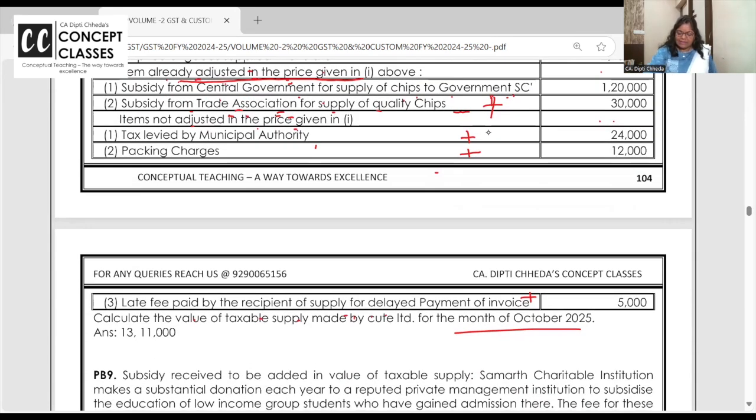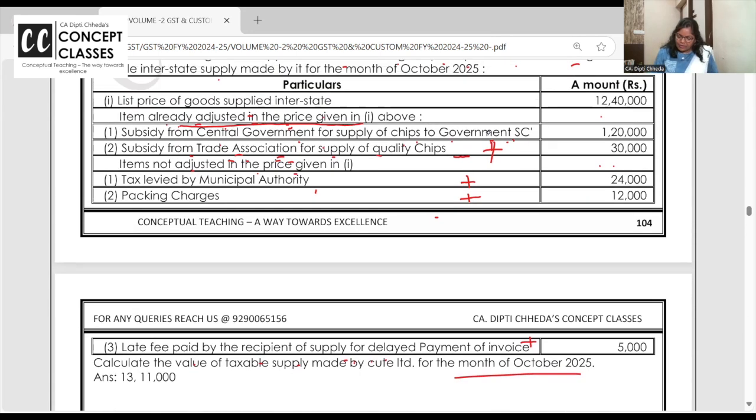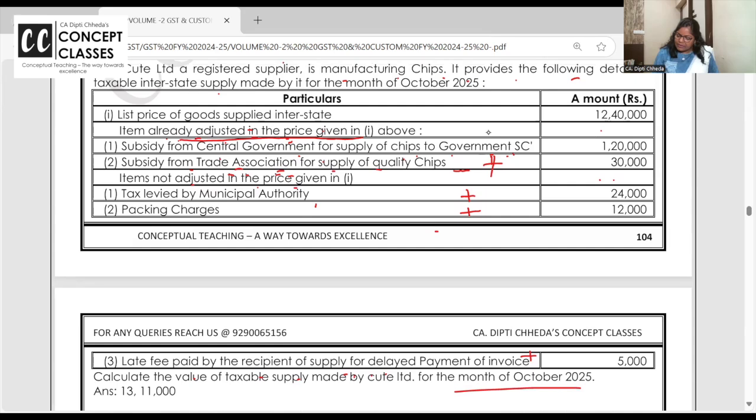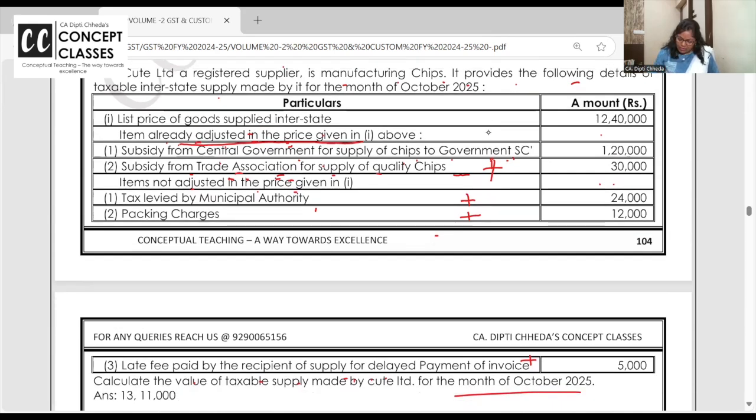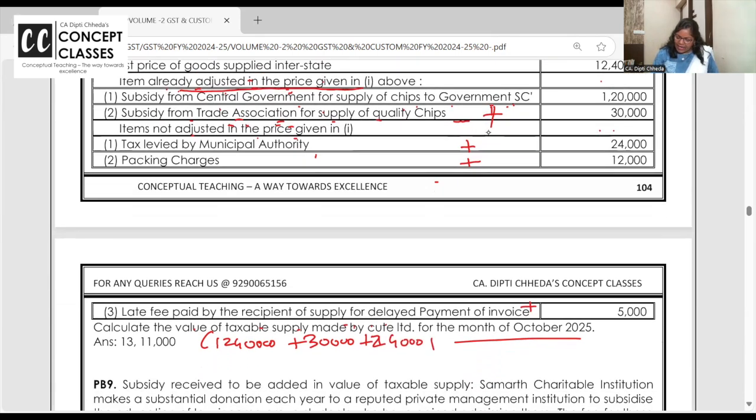Okay, right. Let us check it. We can do this orally here. Start with 12,40,000. Add back private subsidy. Add back municipal taxes. Add back packing charges and add back late fees, because these are not adjusted. Municipal tax, packing and all, add.